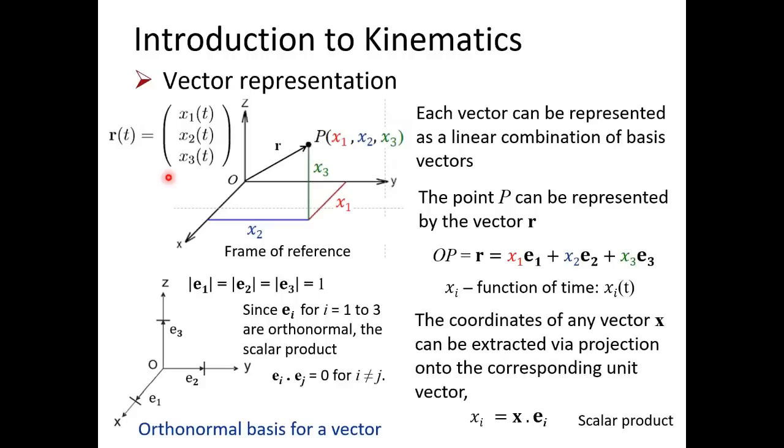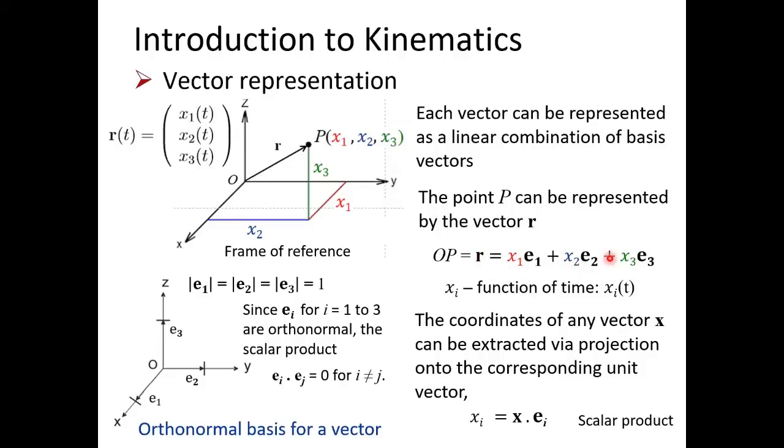So the coordinates of any vector, or in other words, the x1, x2, x3 components of a general vector, can be worked out by considering the scalar product of the vector with respect to the direction that you are interested in.